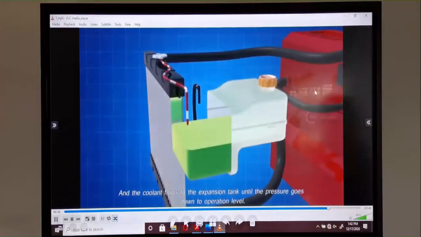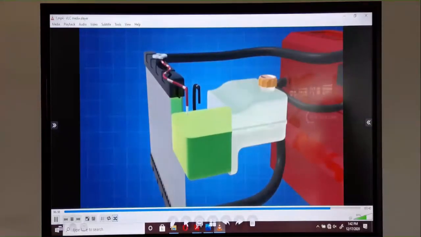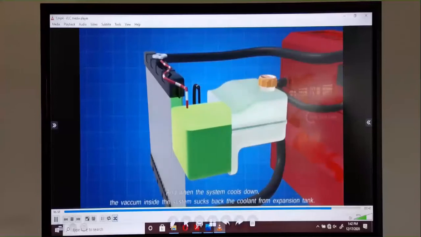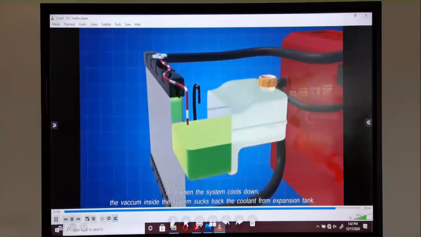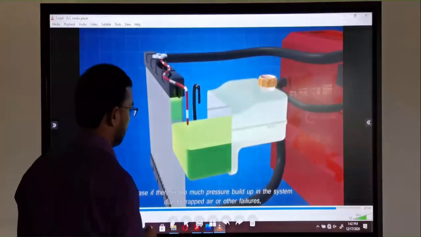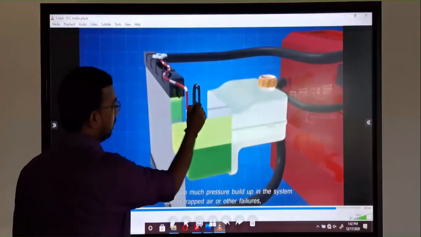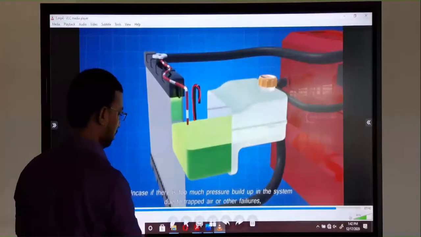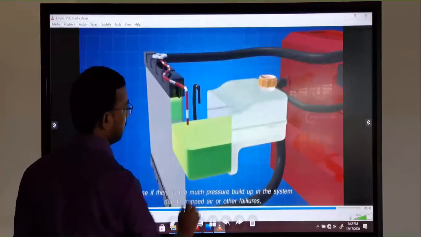Now the pressure condition, and now the vacuum condition. You can see there is another pipe here. What is this?